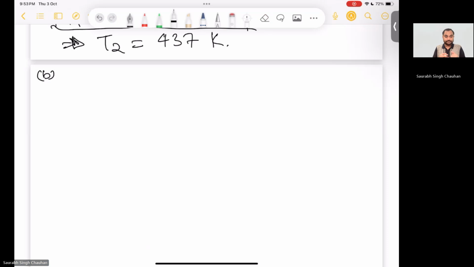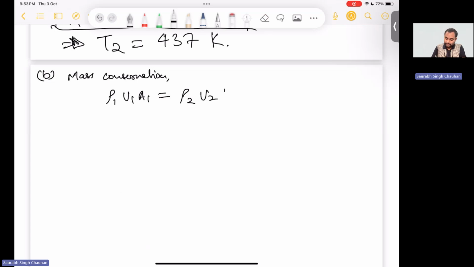From mass conservation, we can write rho 1, V1, A1, where rho is density, V is velocity, and A is the area of cross section, equal to rho 2, V2, A2.